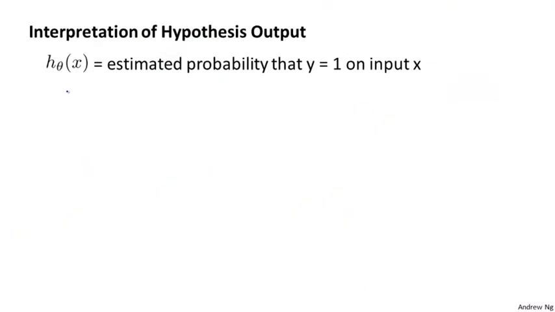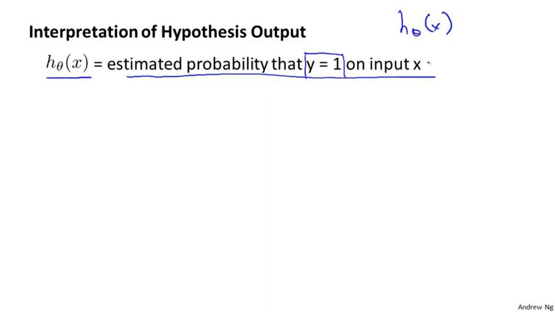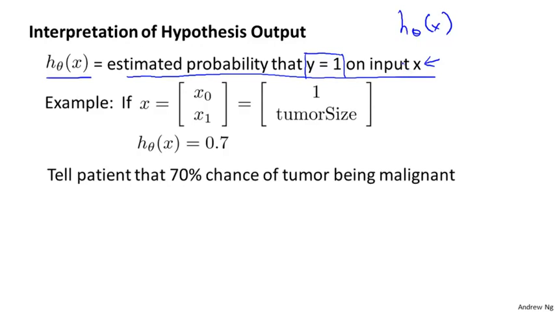Here's how I'm going to interpret the output of my hypothesis h of x. When my hypothesis outputs some number, I am going to treat that number as the estimated probability that y is equal to 1 on a new input example x. Here's what I mean. Here's an example.